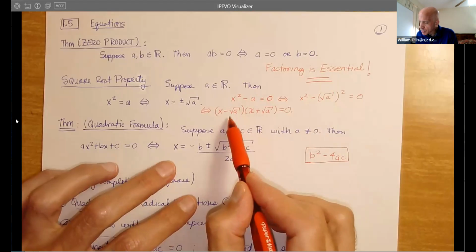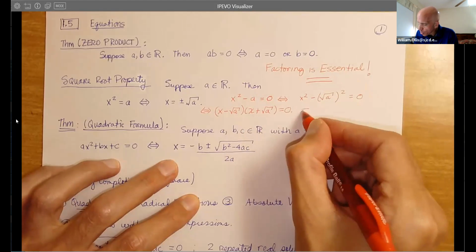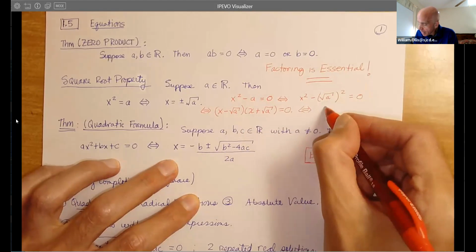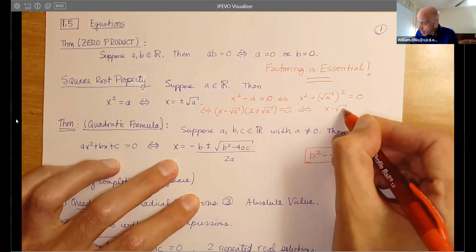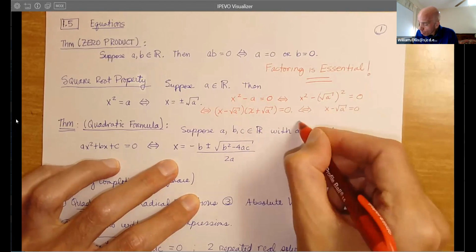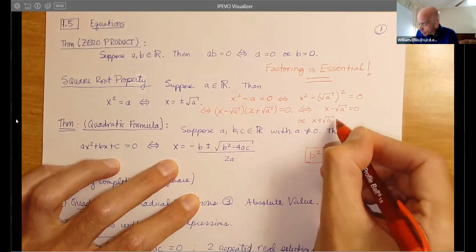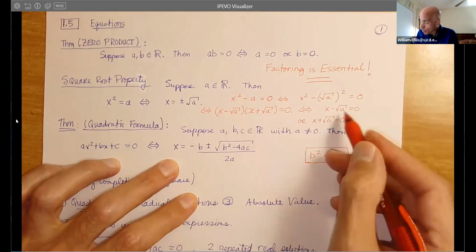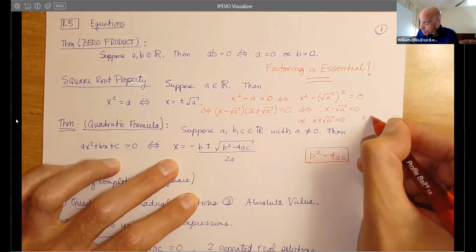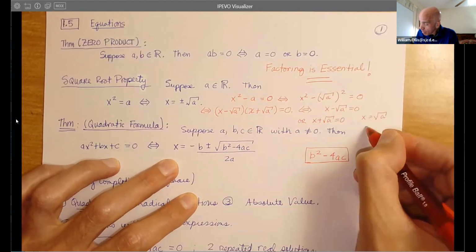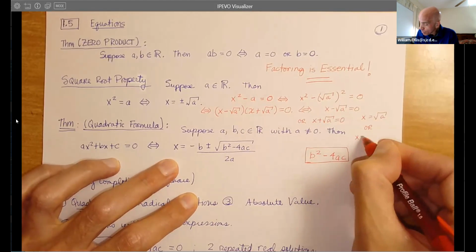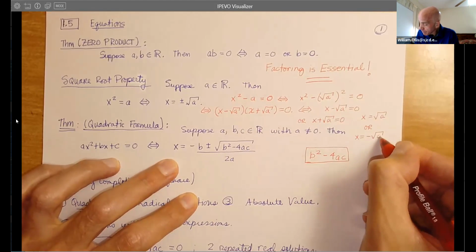And so we look at this and say, okay, well, let's use the theorem: if and only if x minus the square root of a equals 0, or x plus the square root of a equals 0. And so now when we solve this, we get x equals square root of a, or x equals the negative square root of a, and we're done.